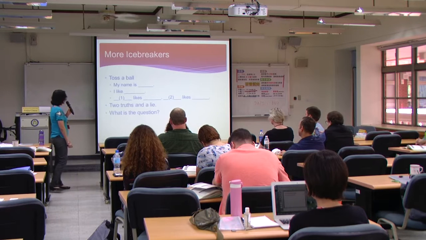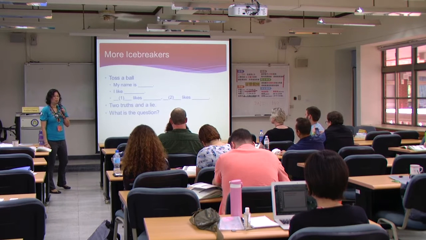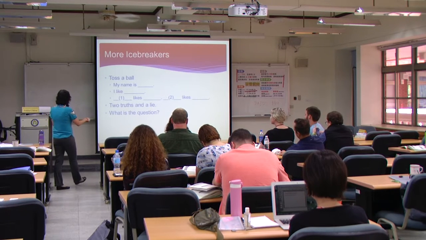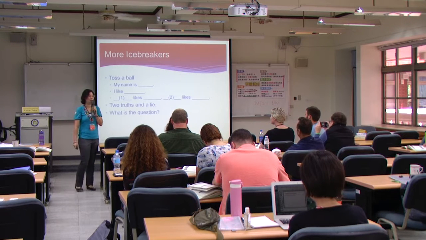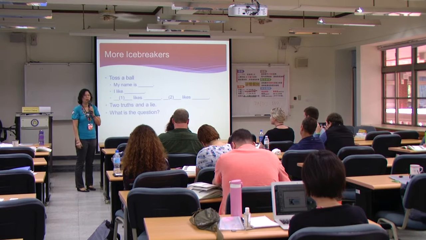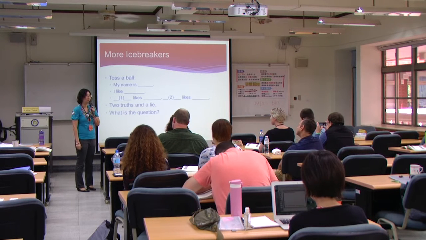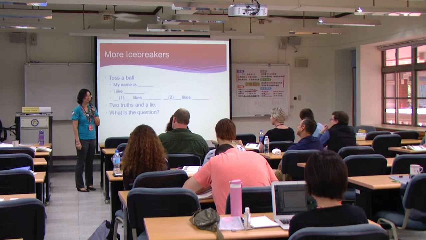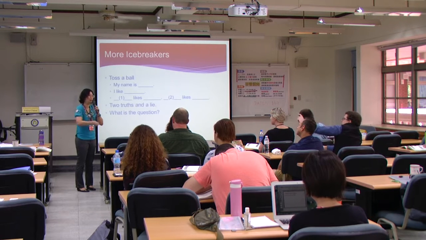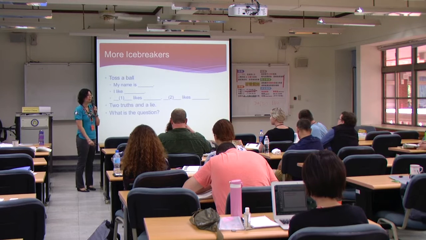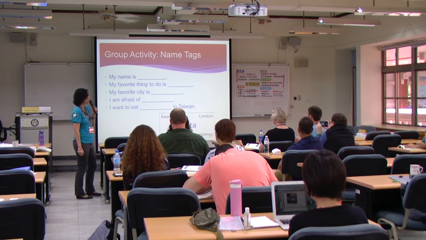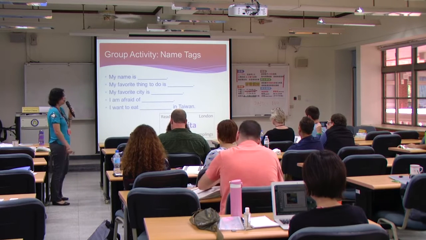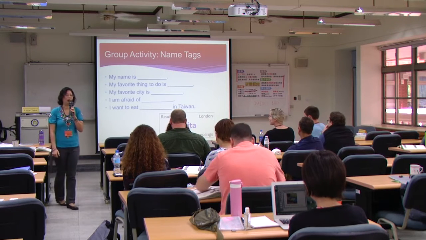Other things you could do as icebreakers, with simple, minimal planning. Toss a ball. My name is, I was teaching a summer camp of first graders. They didn't even know how to say my name is, whatever their name. So we actually spent half the period playing toss it, my name is. Adapt it to whatever you want.